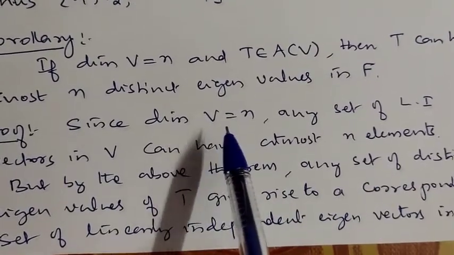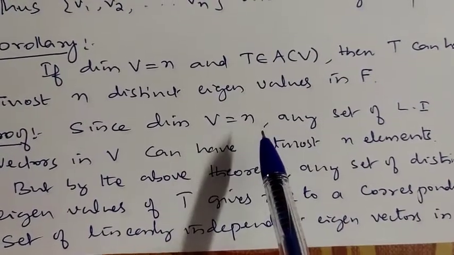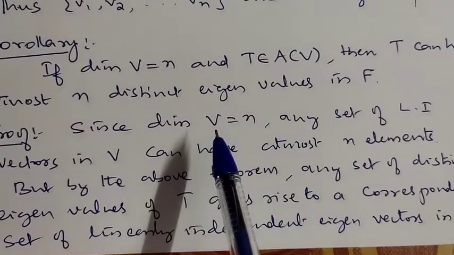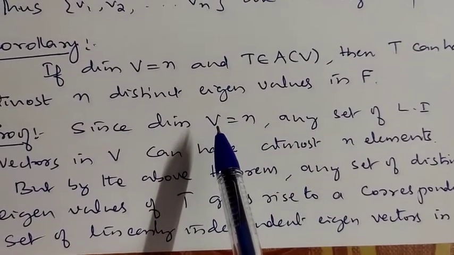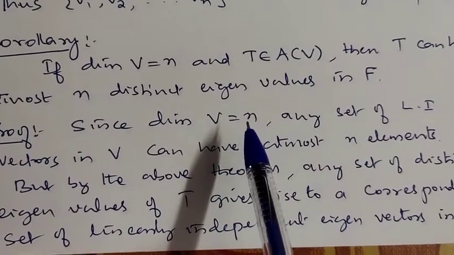So any set of linearly independent vectors in V contains at most n vectors only.